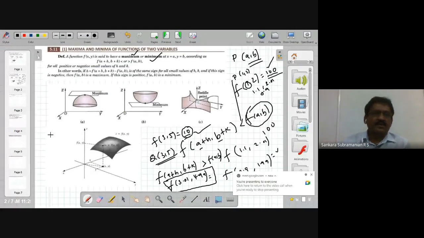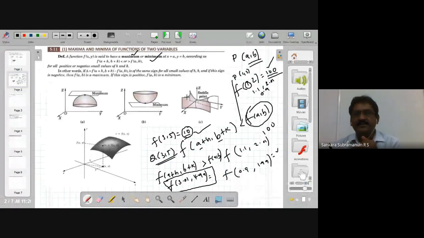All right. So what will the problem actually be for you? You will be given a function of two variables, and the question is to find the maximum value and the minimum value of the function f(x, y), if it exists. That is one question. The second question will be: at what point does the function attain the maximum, and at what point does it attain the minimum, if it exists.